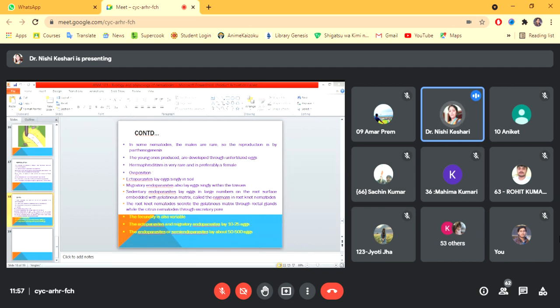The eggs embedded in it are protected from the environment. When optimum temperature and moisture are there, the nematodes hatch from the eggs and infect the new host. These eggs with the gelatinous matrix are called egg masses. They are very much visible with the naked eye also.